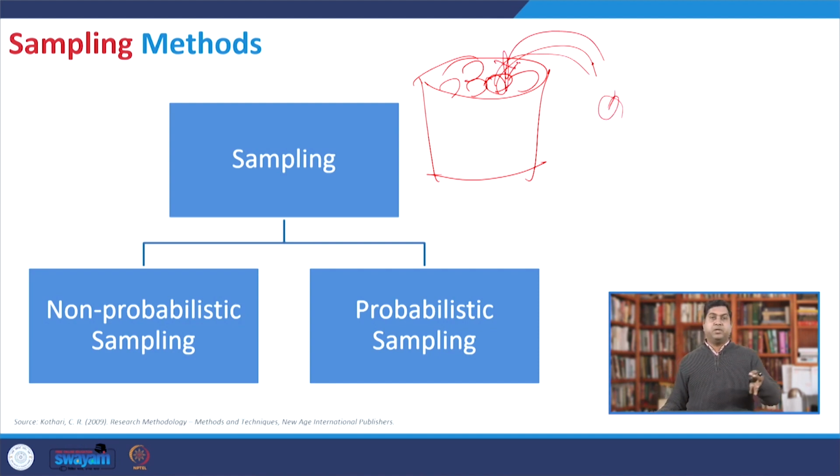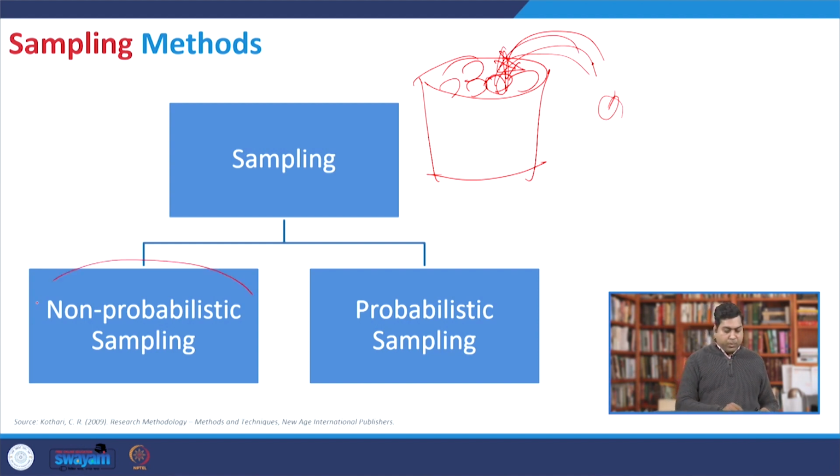So what is the probability that this ball is selected? We do it with certain other things too. It may be pebbles, it may be balls, or maybe fruit. So this process of selecting a sample is sampling.